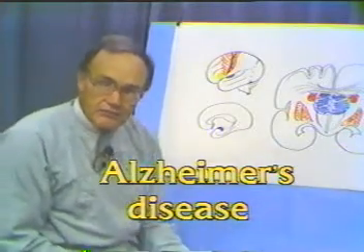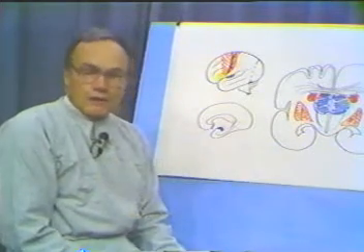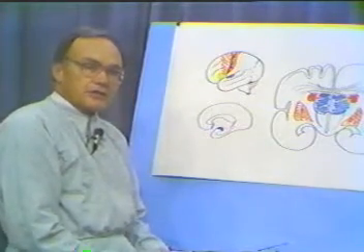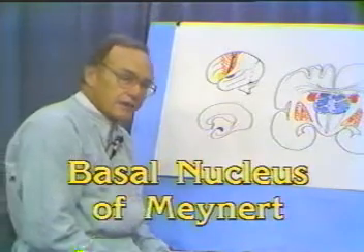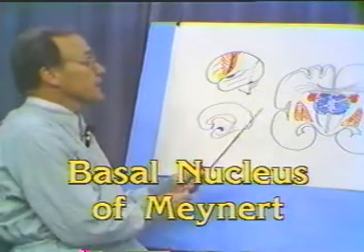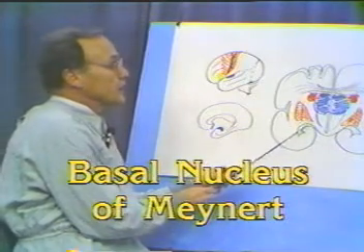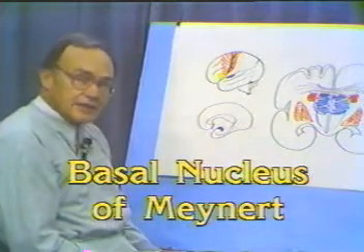Alzheimer's patients suffer from mental deterioration and especially from failing memory. Well, other parts of the brain may also be damaged in Alzheimer's patients. One is the basal nucleus of Meynert. That is a nucleus that is located on the base of the brain in this general region, but a little bit further forward underneath the anterior perforated space.